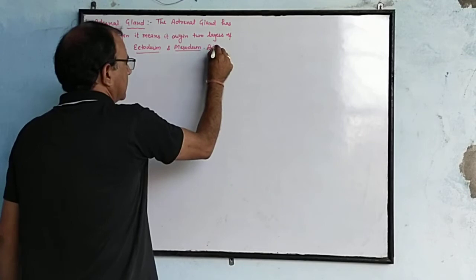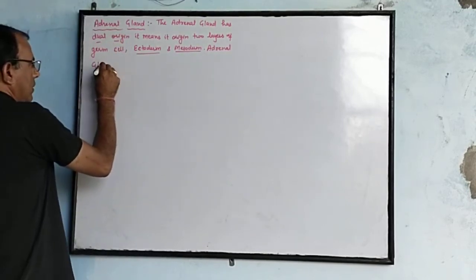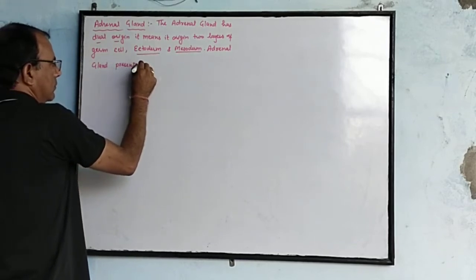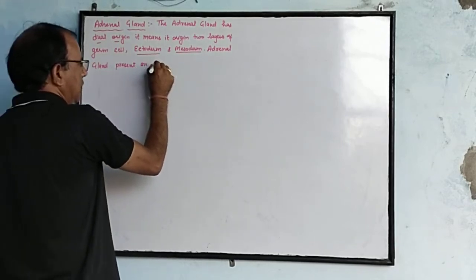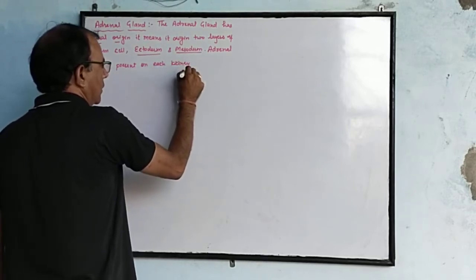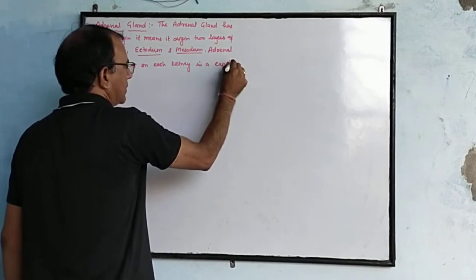The adrenal gland is present on each kidney in a cap-like structure.